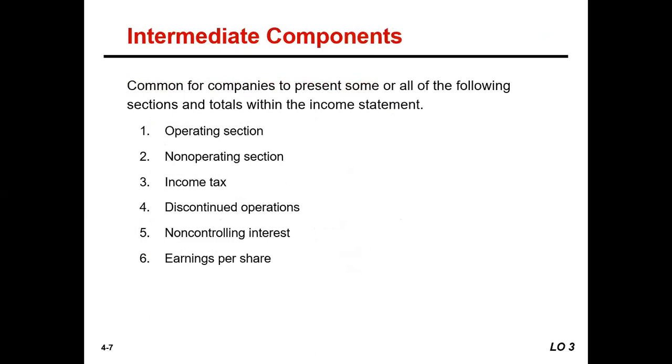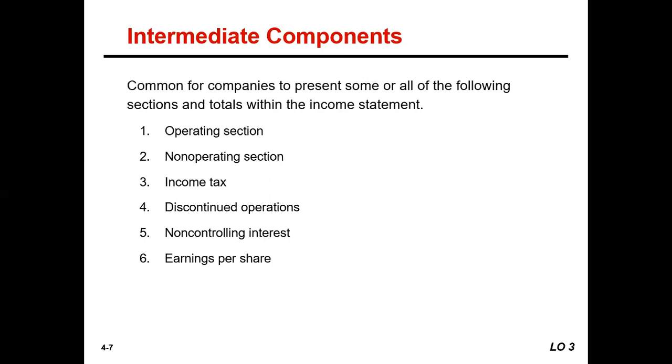All right, so again, here's some of the potential intermediate components that could be found on a multi-step income statement. Not all of these are going to be on every income statement because not all of them are applicable to a company, but what will always be on there? Number one, there's always going to be the income from operations section. Generally speaking, there'd be the non-operating section, which is where we would find gains and losses.